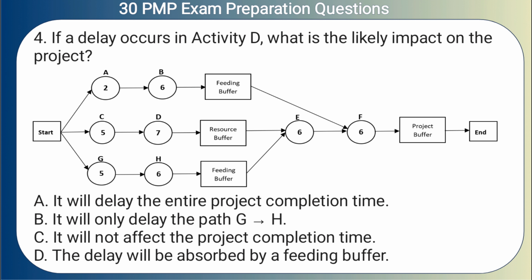4. If a delay occurs in activity D, what is the likely impact on the project? A. It will delay the entire project completion time. B. It will only delay the path G to H. C. It will not affect the project completion time. D. The delay will be absorbed by a feeding buffer.